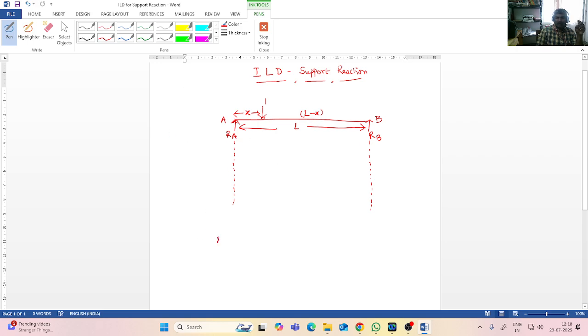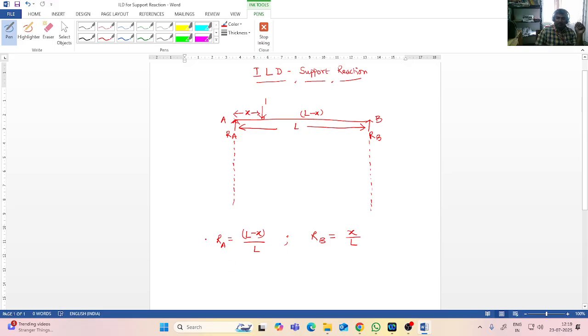So RA you get as (L minus x) by L, and RB as x by L. I hope you can perform these calculations for RA and RB from your prior knowledge.